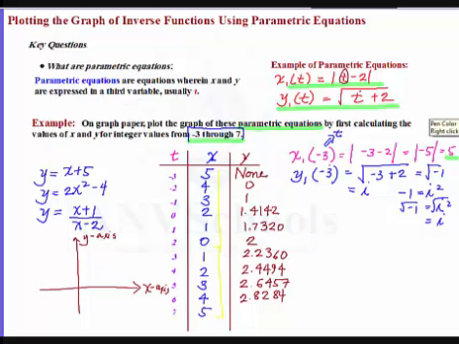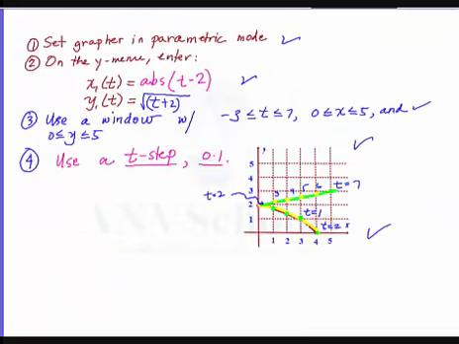Also, you can see that the range here is closer to 3, but anyway, we could make it symmetric with our x values. So we set our x values from 0 to 5, as well as our y values from 0 to 5. So that's it. That's our plotting of parametric equations using your grapher calculator.